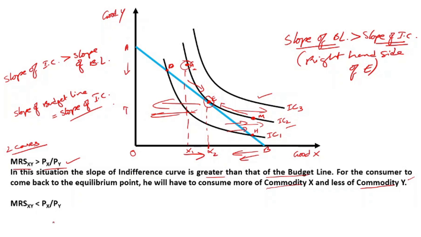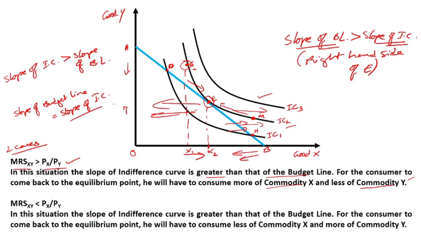So this is what we conclude over here. In this situation, for the consumer to come back to the equilibrium point, he will have to consume less of commodity X and more of commodity Y.